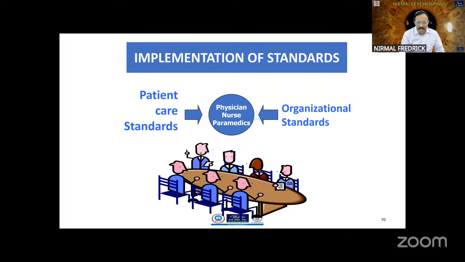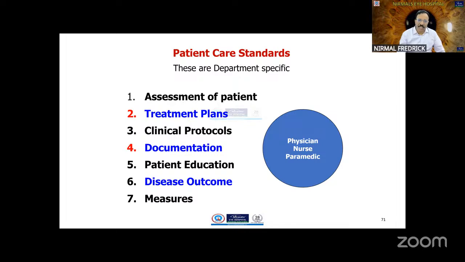So there are patient care standards, there are organization standards. If you see the 10 chapters in the NABH standard, the first 5 are related to patient care and the next 5 are related to the hospital management. So you have to ensure the doctors, nurses, and paramedics understand these 2 types of standards. And many of the patient care standards are related to how do you assess the patients.